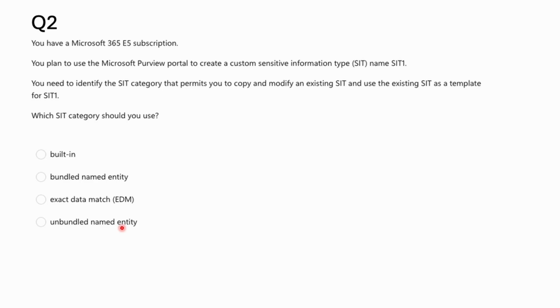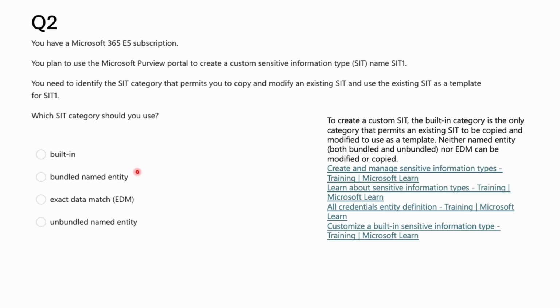So if your goal is to copy an existing SIT and modify it, logically it sounds like we have to use unbundled named entity. But the ask is not the entity type. It is basically asking you the category. So as per the ask, the right answer should be built-in.